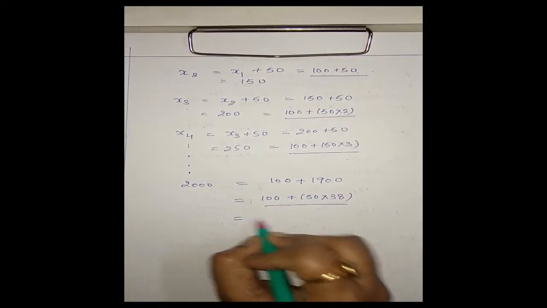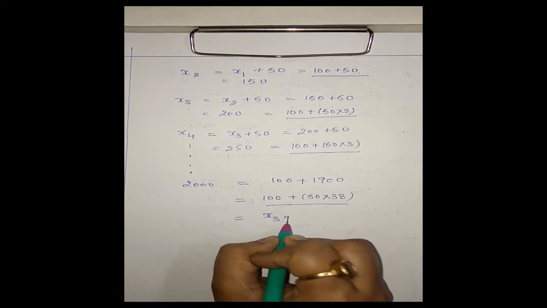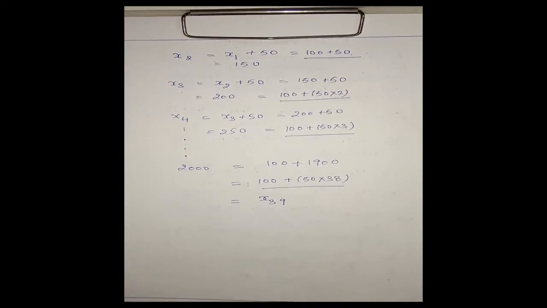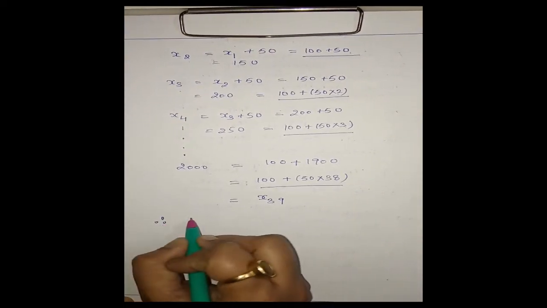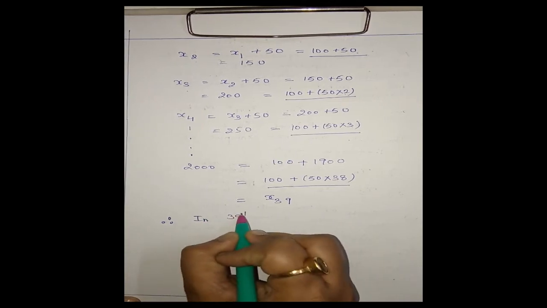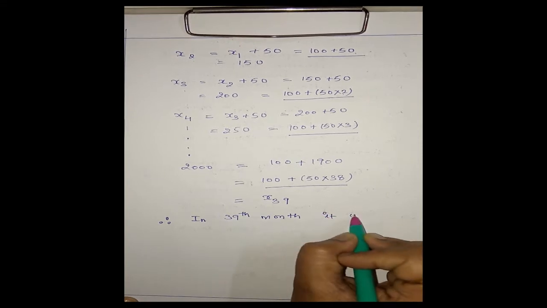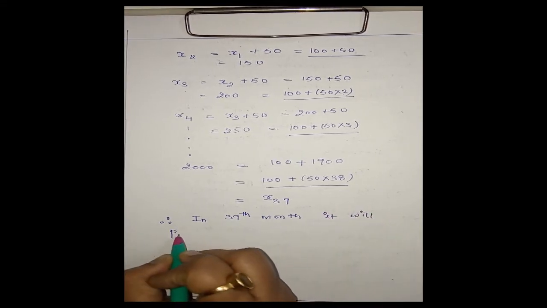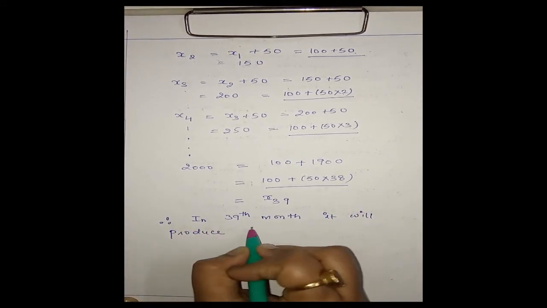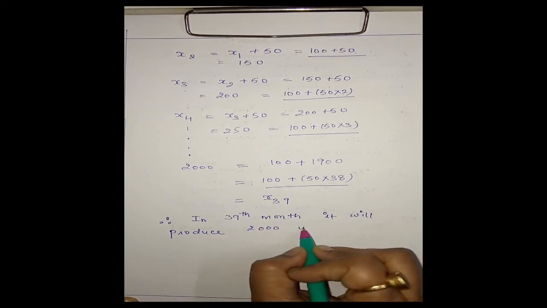So this is equal to x39. I can write like this. Therefore, in the 39th month, it will produce 2000 units. Clear?